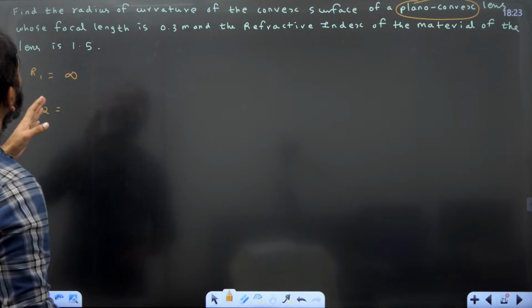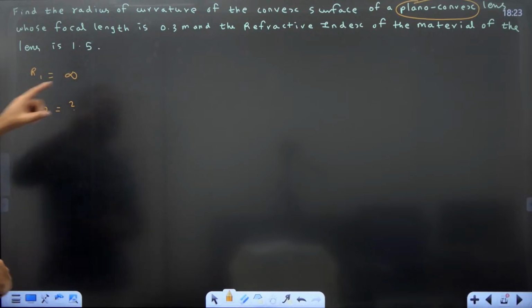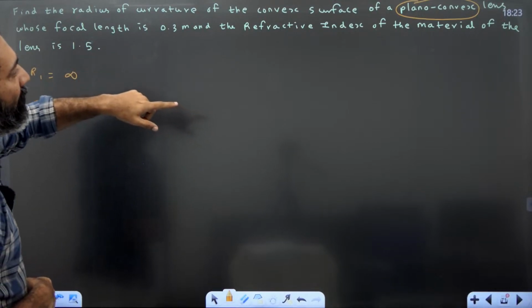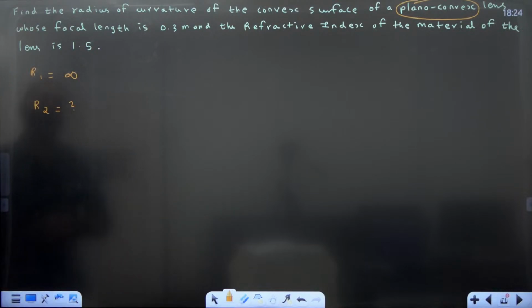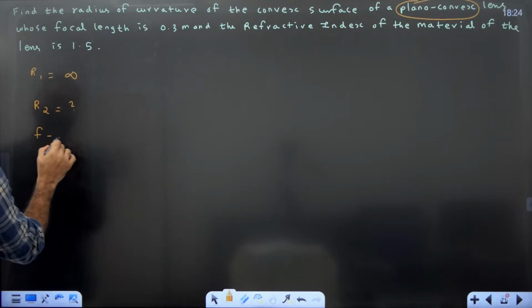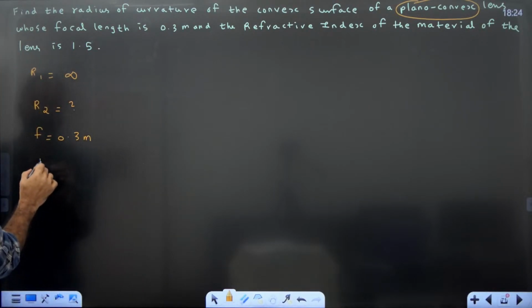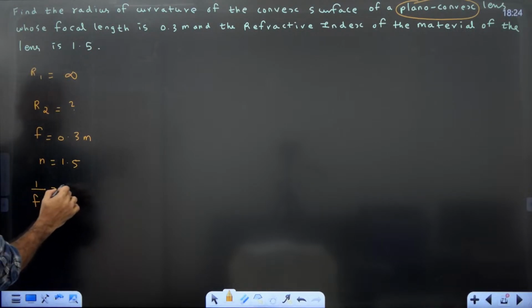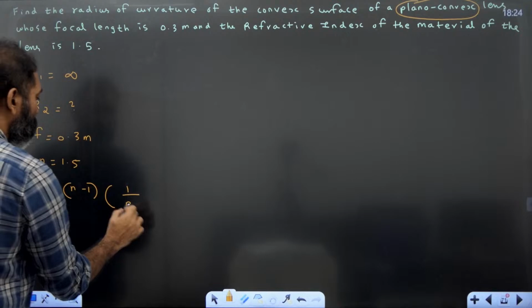R2 is not given, we have to find it out. Focal length is 0.3 meter and refractive index of the material is 1.5. So 1 by f is equal to (n minus 1) into (1 by R1 minus 1 by R2).